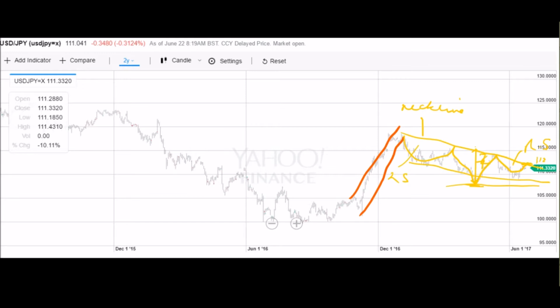Let's assume the breakout is at 112. So you can project up to 119 for the yen. Now assuming that the dollar yen breaks the neckline on a closing basis, we can initiate some positions here. Let's go ahead and initiate these positions on the simulator.